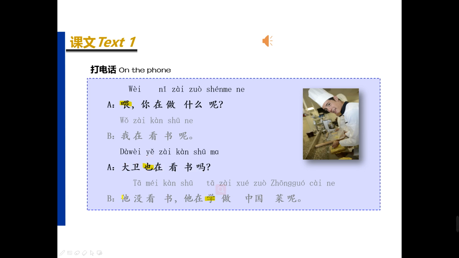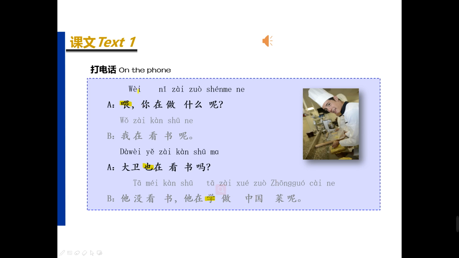The last sentence, 他没看书。Or we can say 他没在看书。No, he isn't. 他在学做中国菜呢。He is learning to cook, 做, to cook Chinese food. 他在学做中国菜呢。Yes.